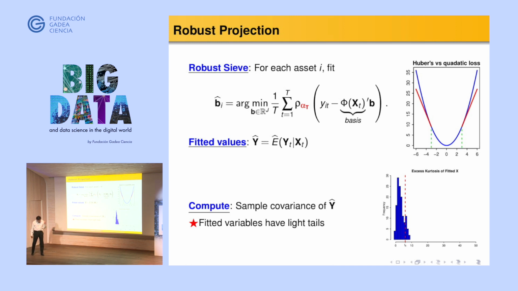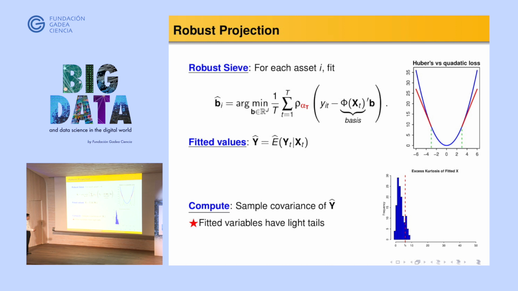So here is an illustration of that particular example. How do I do the projection? I would use an additive sieve basis for my regression. The only difference is that I apply adaptive Huber: I do truncation on my loss function here, so it is quadratic and linear outside. Once you do this fitting, you get your fitted value.